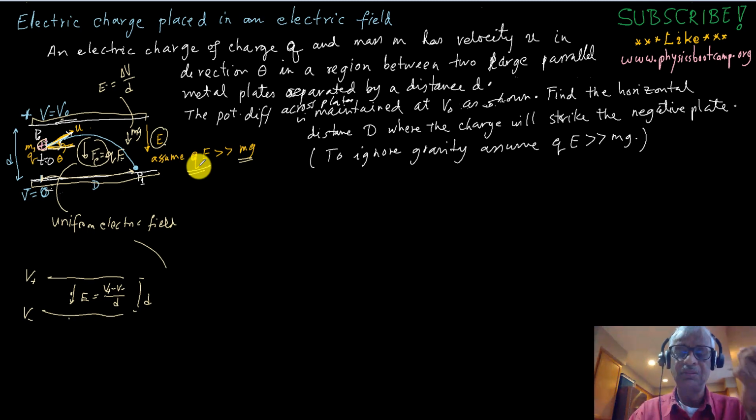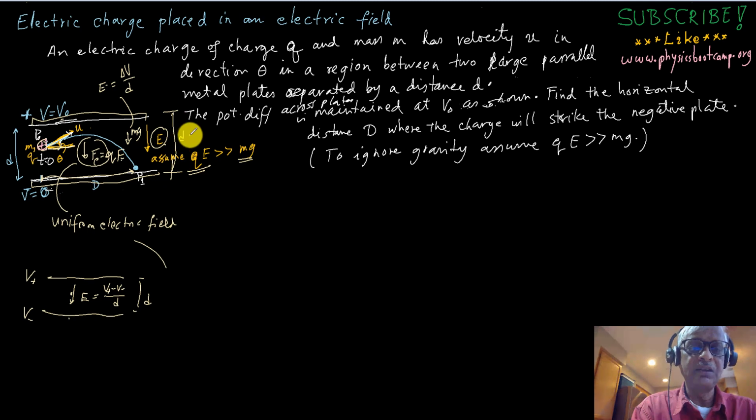For an elementary particle, the charge is very small, and the mass is even smaller. Because of that, the value of mg versus qE is very different. Let's look at magnitudes.